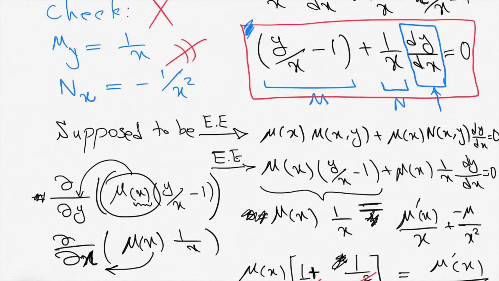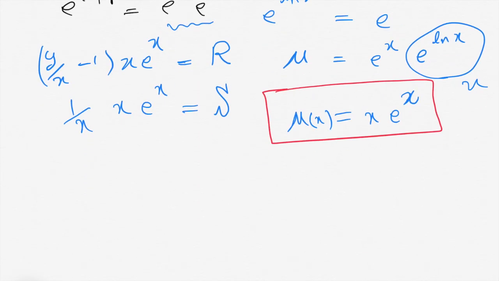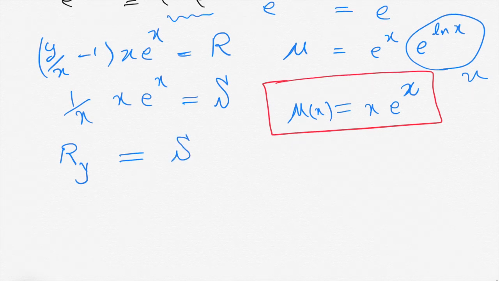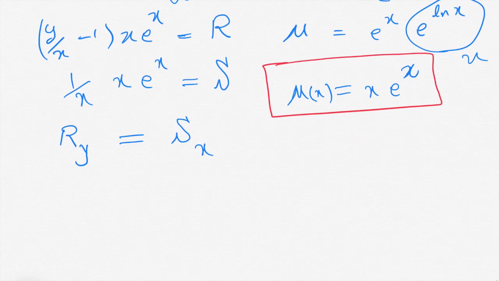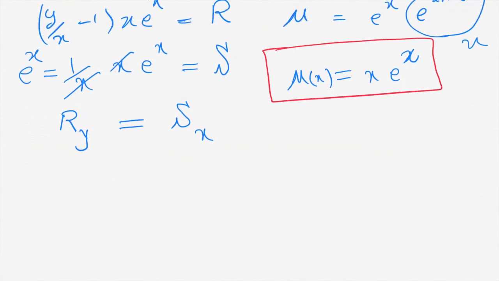This was our equation. So we are going to check whether the derivative of r with respect to y is equal to the derivative of s with respect to x. And it's very obvious that s is going to be e to the power x, right? Because both of the factors cancel each other.